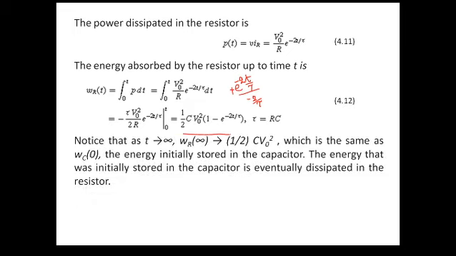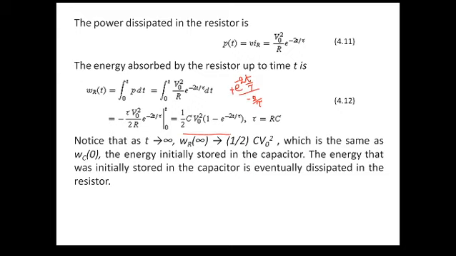Okay, notice that as t tends to infinity, the energy is half C V naught square, which is the same as W c of 0. That means as time approaches infinity at the end, W r of infinity is equal to W c of 0, the energy initially stored in the capacitor.